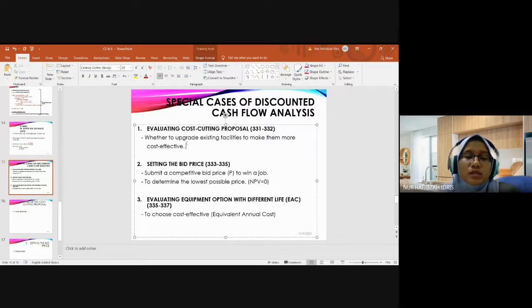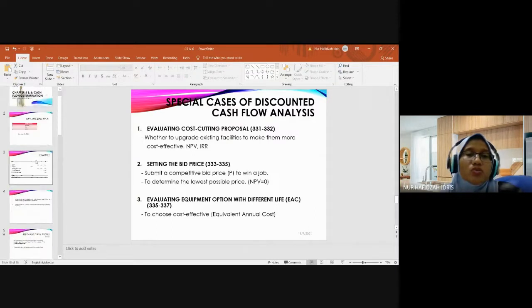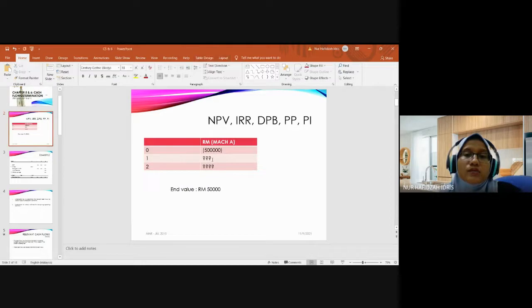So the decision is based on NPV, net present value, and IRR. So in order to find net present value and IRR, the first thing you need to determine is the cash flow of the project. Benda ni dulu kita kena cari.